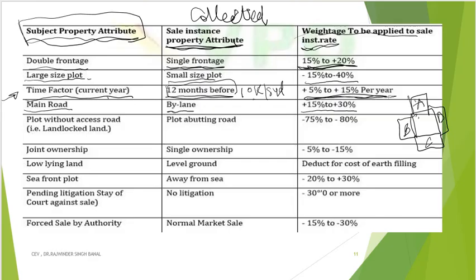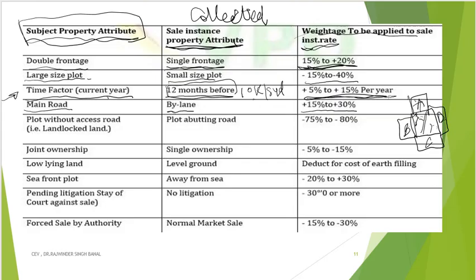If it is surrounded by four plots on all sides, to reach this plot you have to pass through D, A, B or C. So only A, D, C and B can buy this plot. This type of plot is called landlocked land.